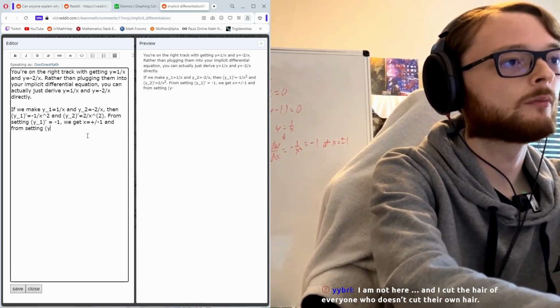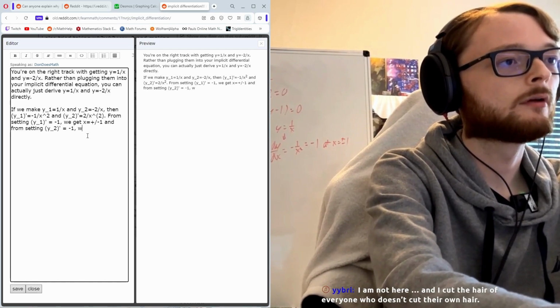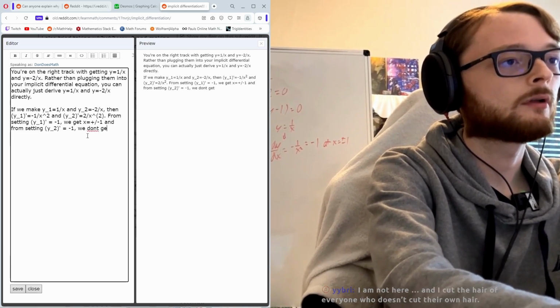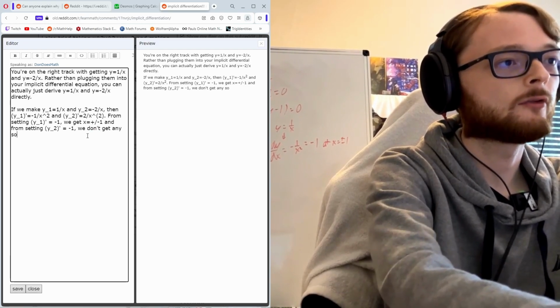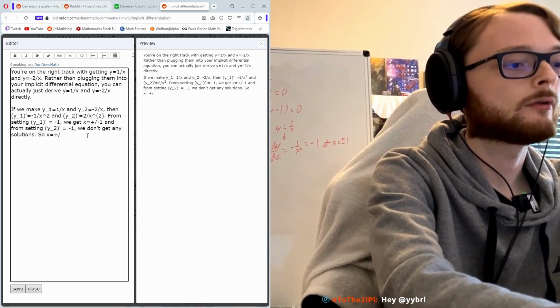Setting y sub 2 prime equal to negative 1, we don't get any solutions. So x equals plus and minus 1.